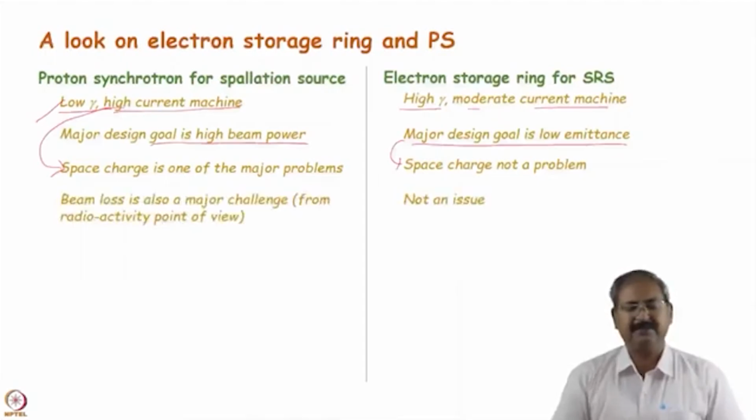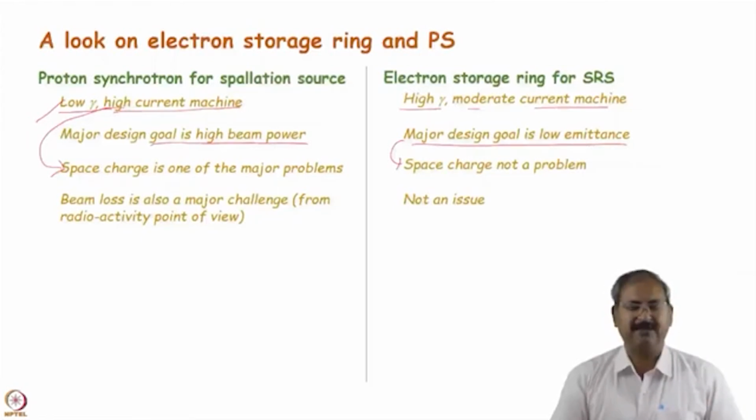Beam loss is also a major challenge. Actually, protons can initiate nuclear reactions. If a proton hits the wall of the vacuum chamber, it can make the vacuum chamber radioactive.